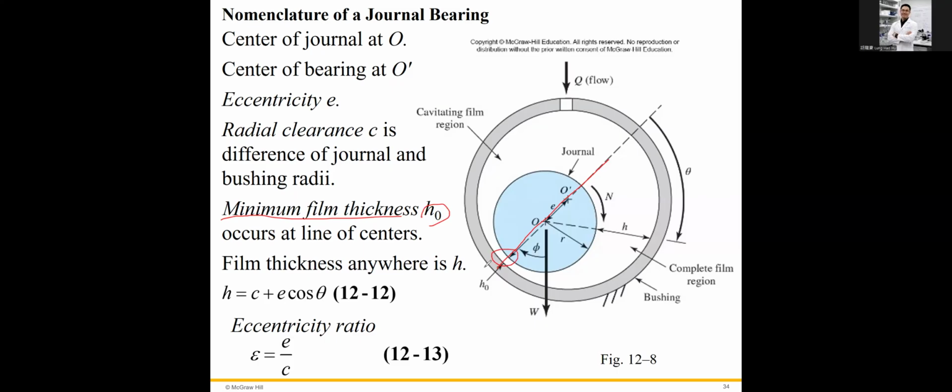And the film thickness anywhere is h, so h is a variable, and h equals c, the clearance, plus e, the eccentricity, times cosine theta. Any questions on that?